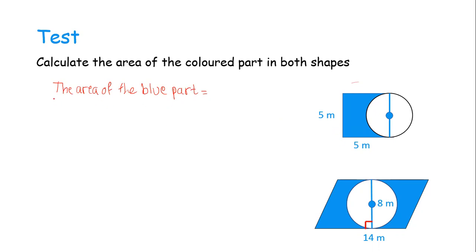So the area of the blue part is equal to the area of the square minus this part, which is half of the area of the circle.